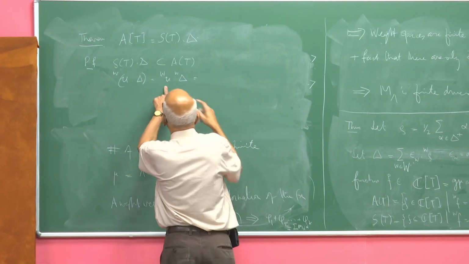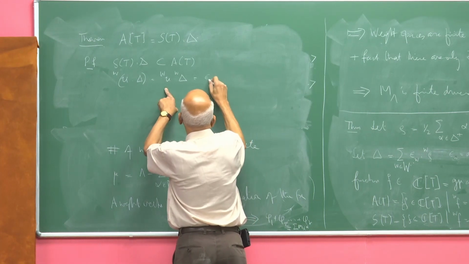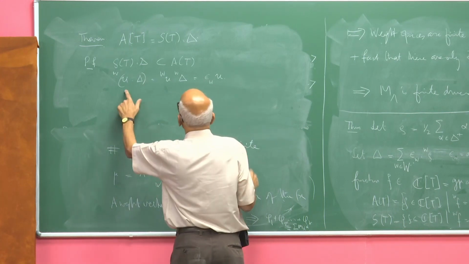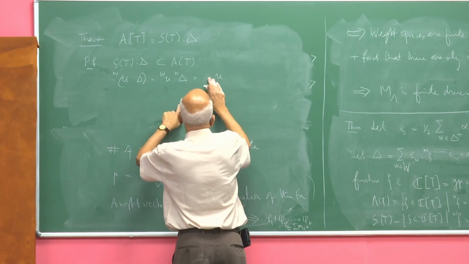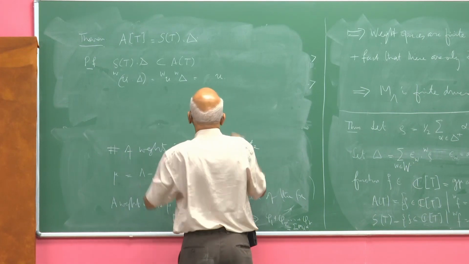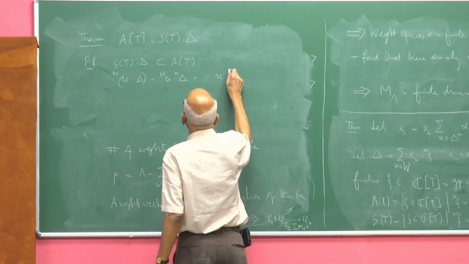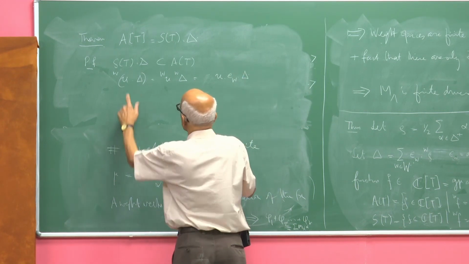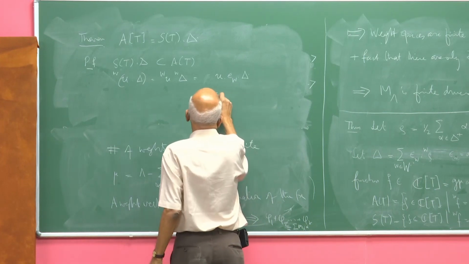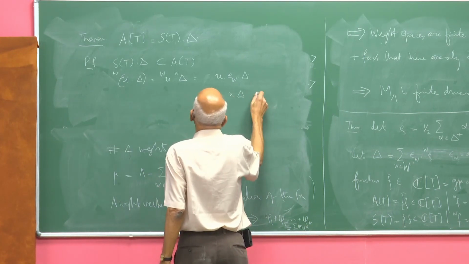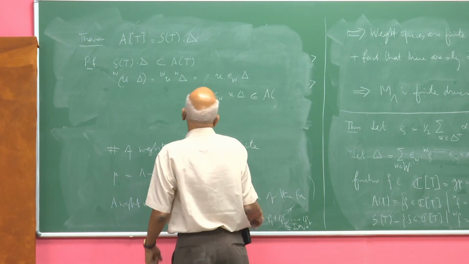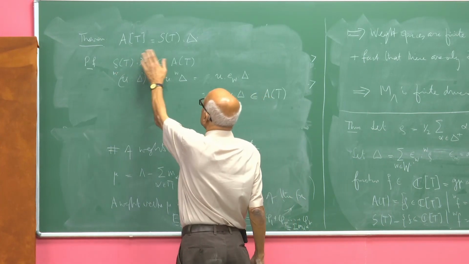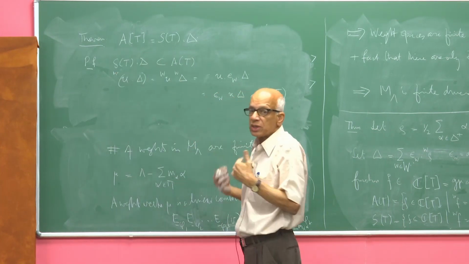But w u is u, there is no epsilon w, and w delta is epsilon w times delta. So, that is clearly w(u delta) is the same thing as epsilon w u delta, therefore it belongs to A_T. So, that multiplication by delta lands S_T in A_T is clear. I want to say it is onto.